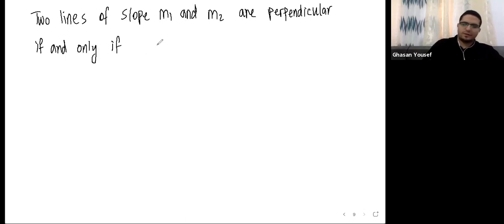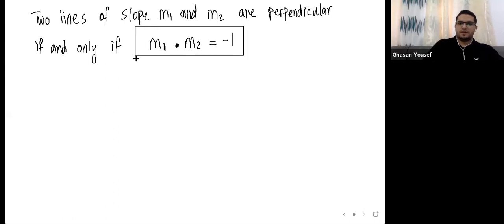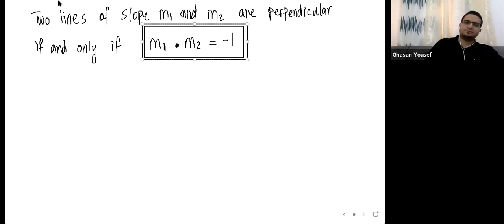Both of the lines are perpendicular if and only if m1 times m2 equals -1. This is the relation between the two slopes.